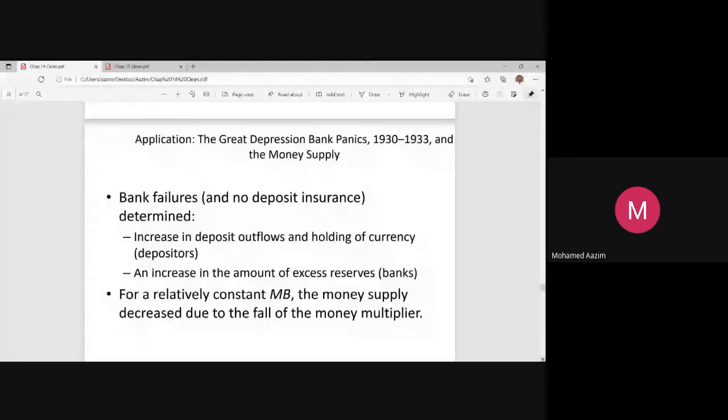So we will talk about some application now. You had this Great Depression we discussed with financial crisis. Prior to that, the Great Depression and bank panics in the 1930-33 period, and what happened to the money supply during that period. Bank failures during that period, there were no significant deposit insurance structures.